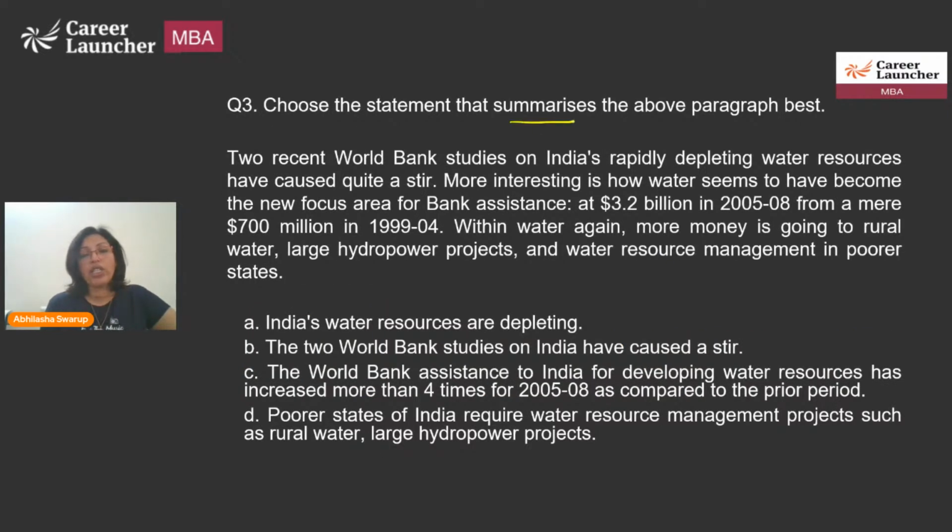Now, here the question is asking you to identify a summary of the paragraph. So the question says choose the statement that summarizes the above paragraph best. A paragraph has been given, and then four answer choices are given. You have to identify the best summary here. Okay. So let's take a minute and let's try identifying what the correct summary will be.